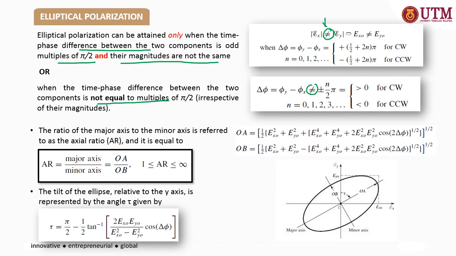The ratio of the major axis, the longer beam, to the minor axis is referred to as the axial ratio, AR, and it is given as the ratio between the major axis, or the longest beam, to the minor axis. In this case, it is represented by OA to OB.